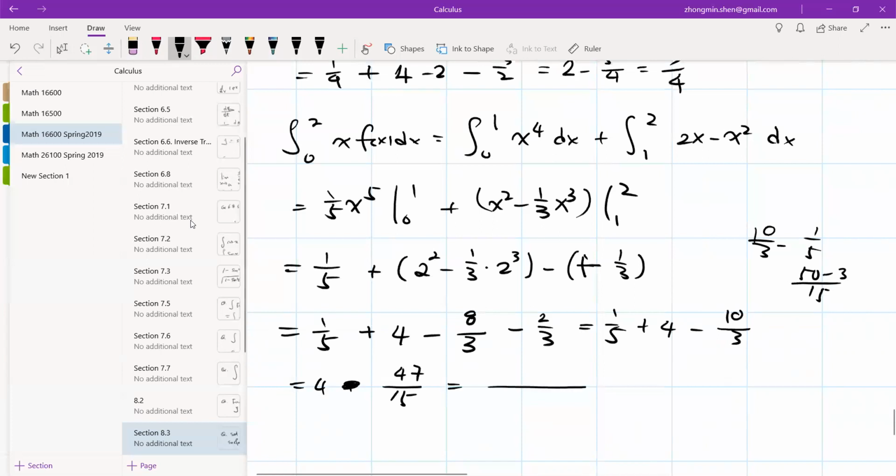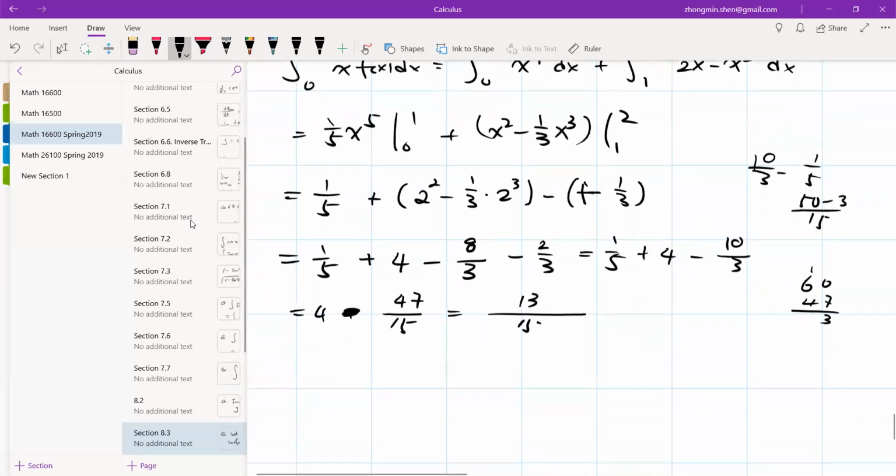And then 4 times 15 will be 60. So x bar is going to be 47/15 divided by 3/4.